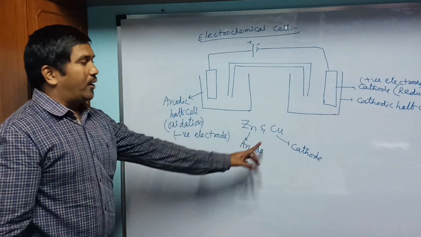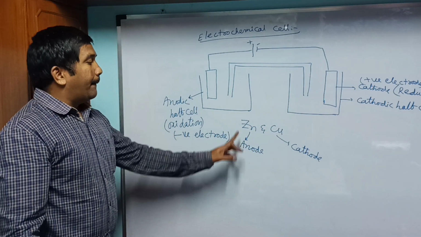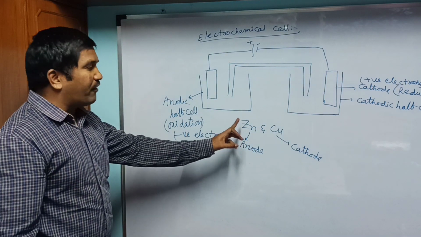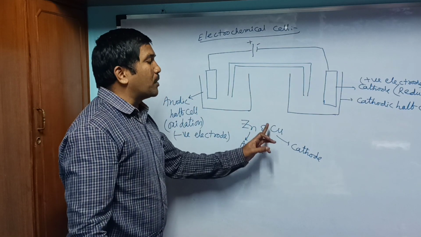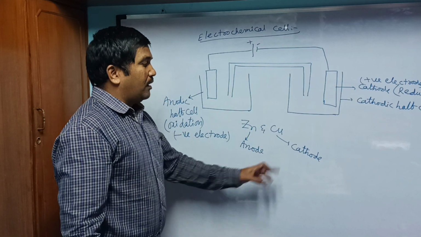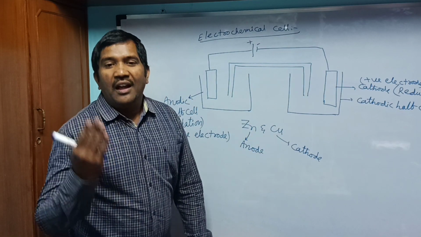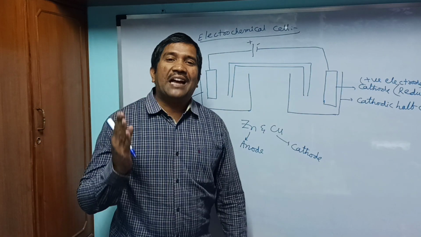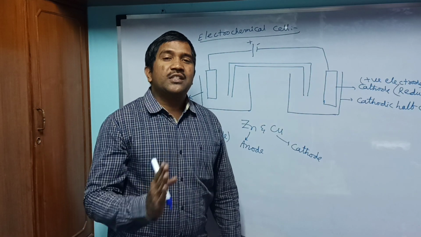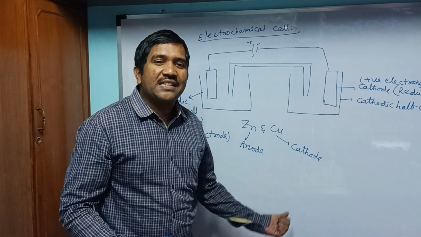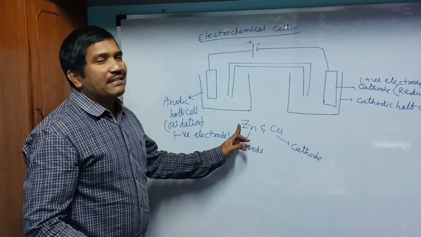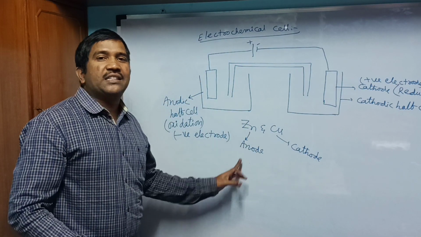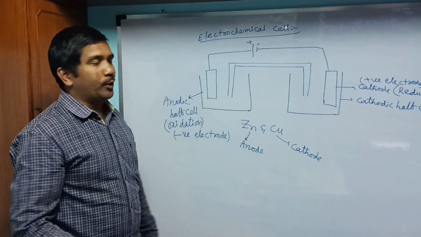Because the reduction potential of zinc is less and the reduction potential of copper is more. The one having less reduction potential acts as anode, and the one having more acts as cathode. That's why zinc acts as anode and copper acts as cathode.